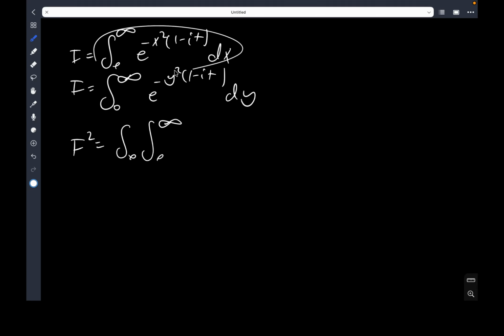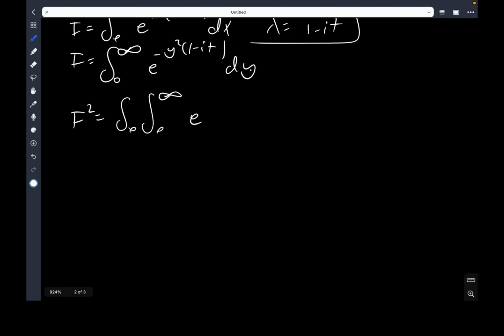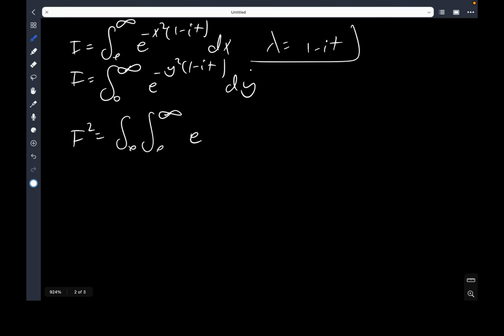You have to write them as a double integral and multiply the insides. I'm going to call lambda 1 minus it, so e to the negative lambda (x squared plus y squared) dx dy.